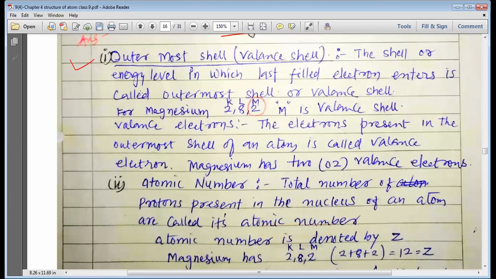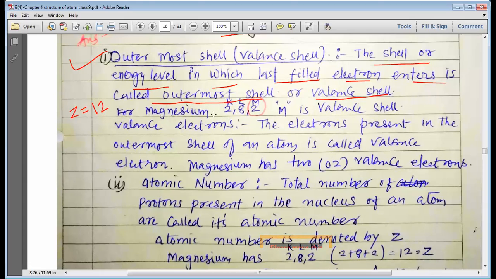First, let's have a look at the outermost shell, which is also known as the valence shell. The shell or the energy level in which the last filled electron enters is called the outermost shell, or the valence shell. For magnesium, the atomic number is Z equal to 12. So its electronic configuration is 2 plus 8, 10.